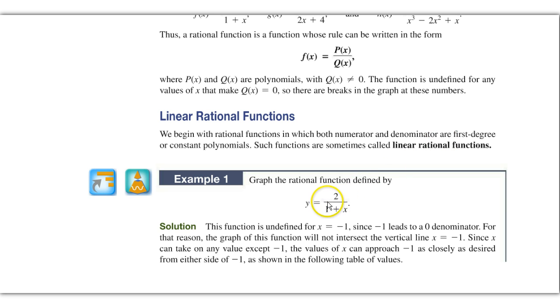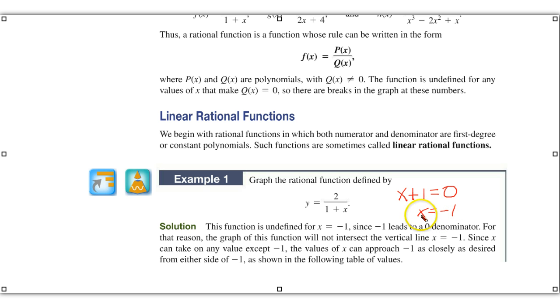Now, we want to find what would make our denominator a zero. We could rewrite the denominator so that it was x plus 1, or we could have left it this way. We want to solve for x. So if we just transpose the positive 1 to the other side, we get a negative 1.